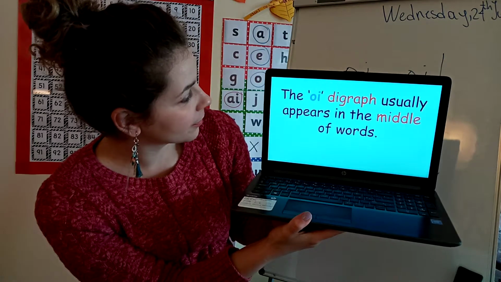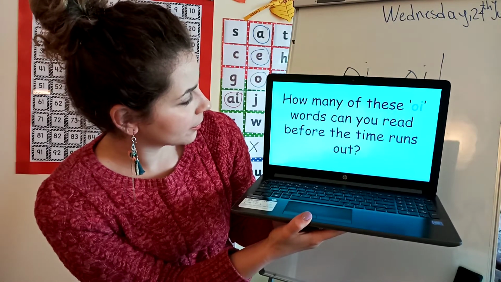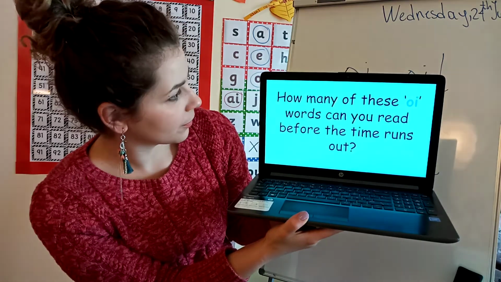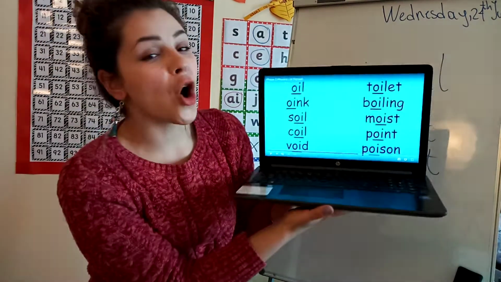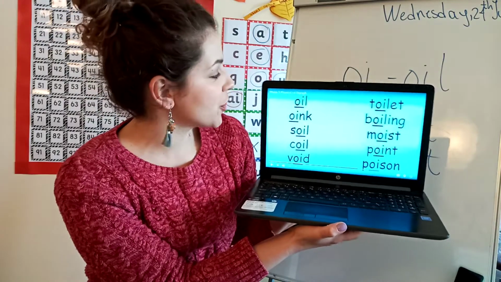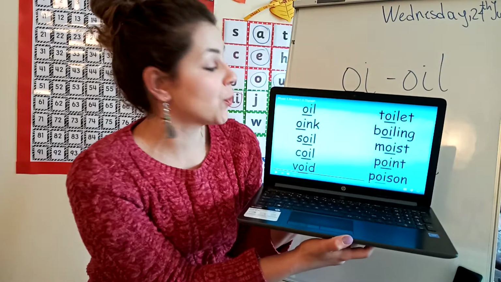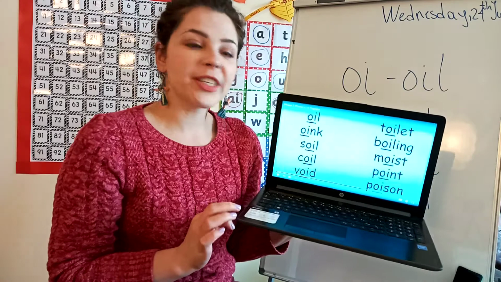The oi digraph usually appears in the middle of words. How many of these oi words can you read before the time runs out? Okay, you're going to have limited time, but don't worry about that. If you need time to read these words, pause this video and take your time.